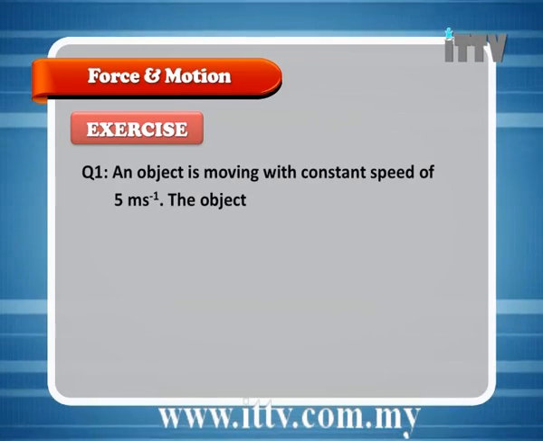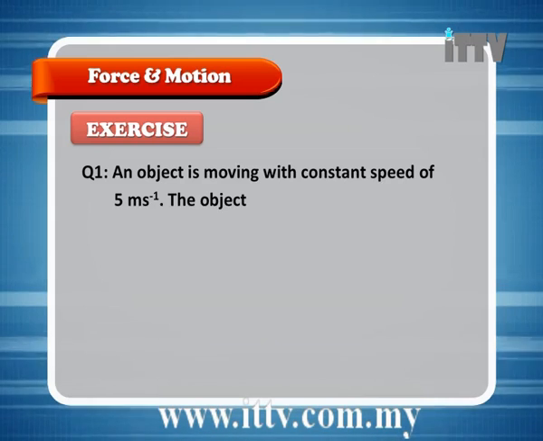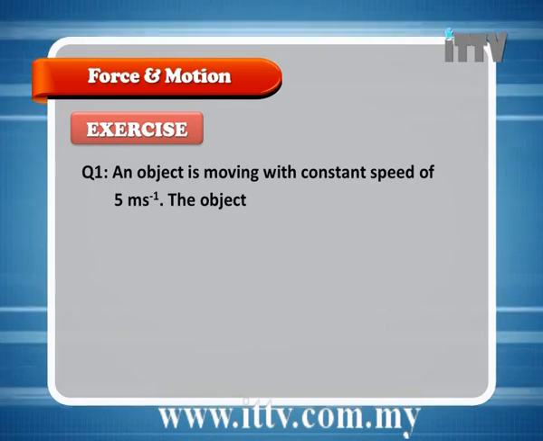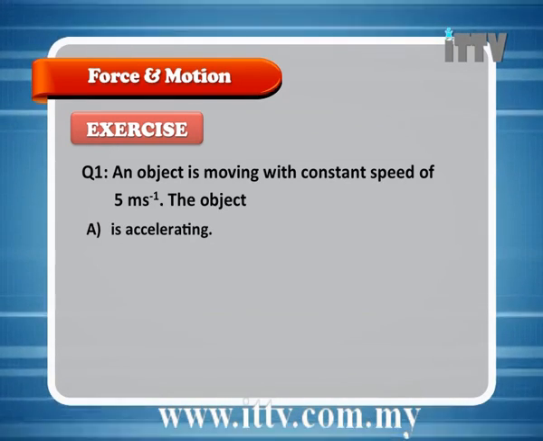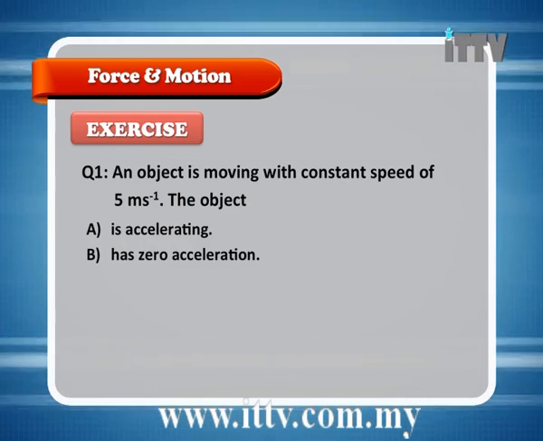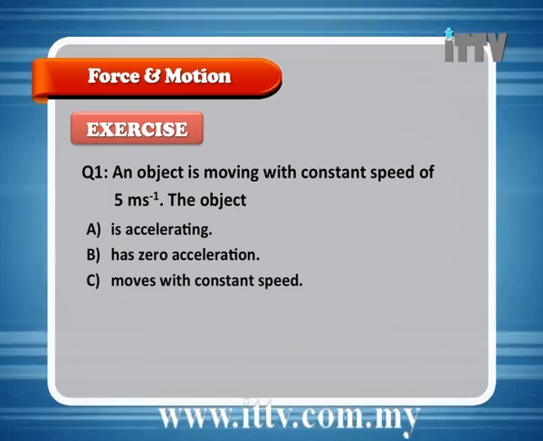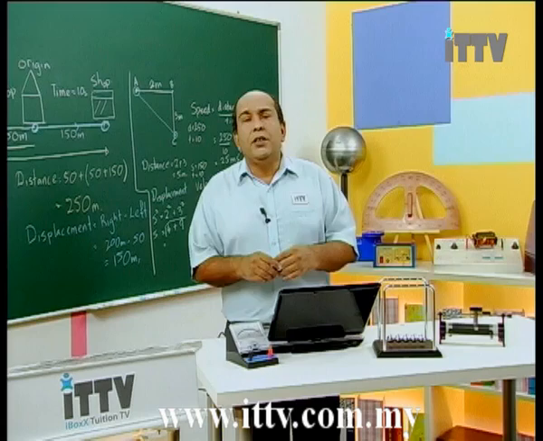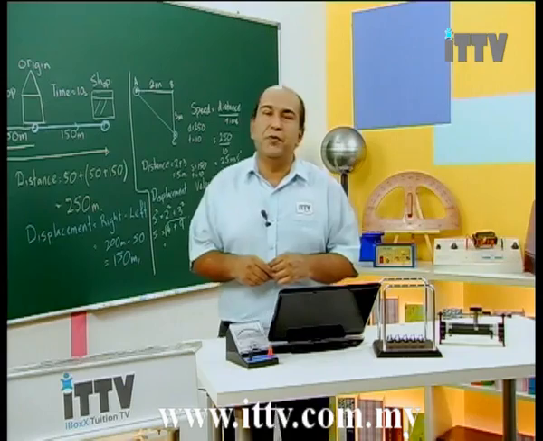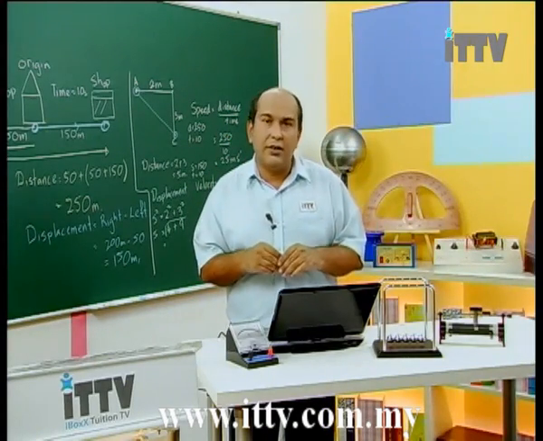Question: an object is moving with constant speed of 5 meters per second. The object A, it is accelerating. B, has zero acceleration. C, moves with constant speed. So if we say that an object is moving with constant speed, that means the speed is not changing.